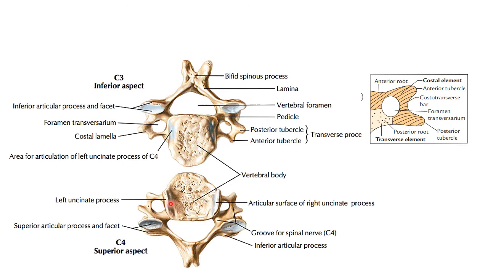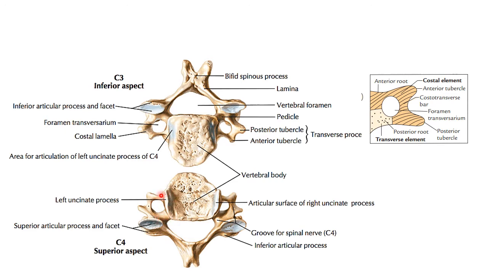Each transverse process has an anterior root and a posterior root. This is the anterior root and this is the posterior root.